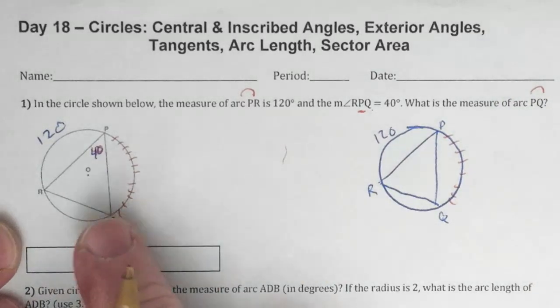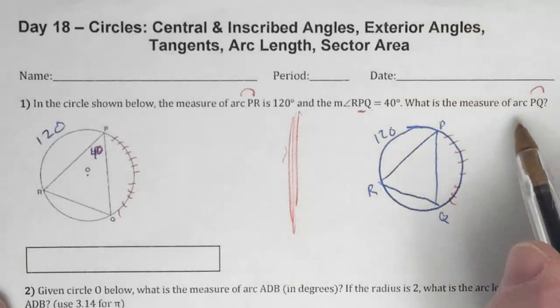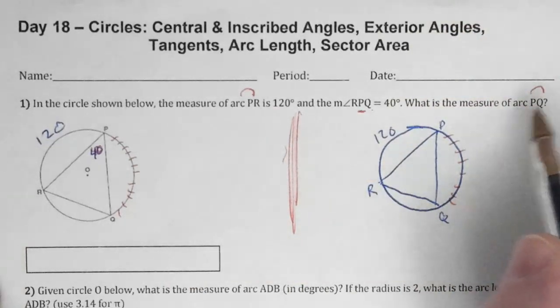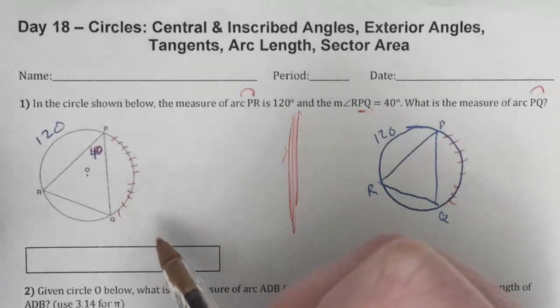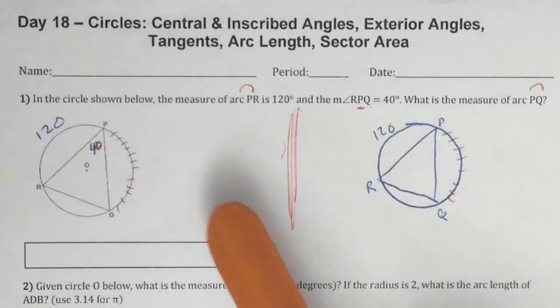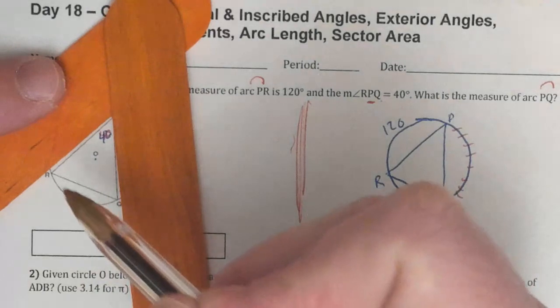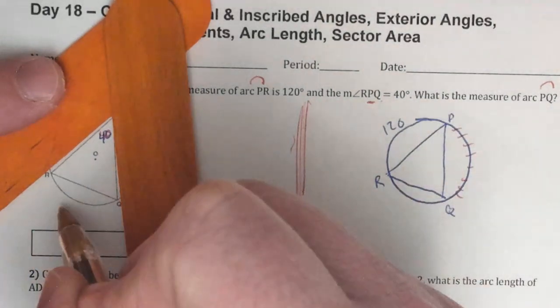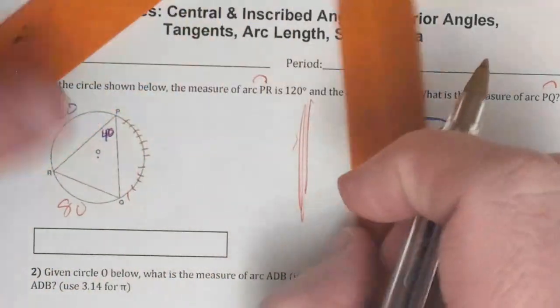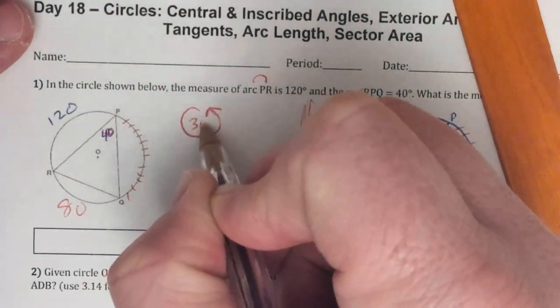One way to do this, option 1: we are trying to get the arc, right? So we want all arcs. We have this arc. Can you find this arc? This is 40 degrees. If you project this out, then this arc right here would be 80 degrees. And on top of that, we know that all the way around a circle is 360.